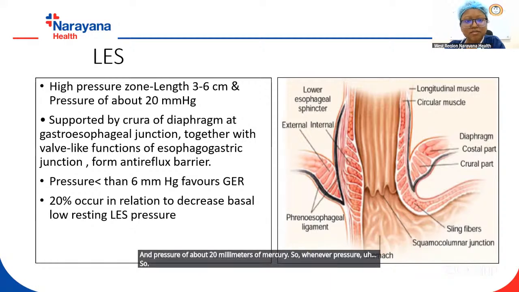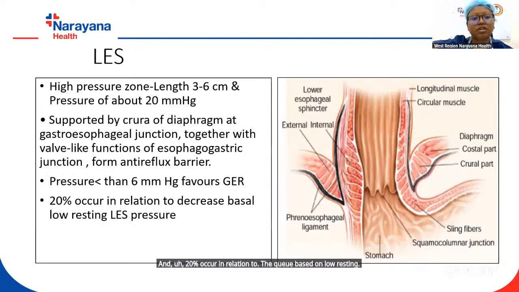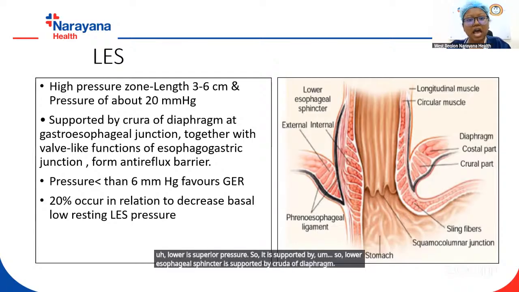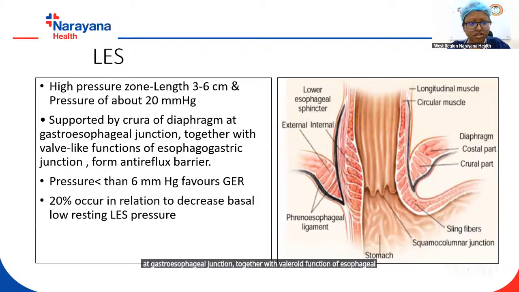Pressure less than 6 millimeters of mercury favors GER, and 20% occur in relation to decreased basal lower esophageal pressure. The lower esophageal sphincter is supported by the crura of the diaphragm at the gastroesophageal junction, together with the valve-like function of the esophagogastric junction.